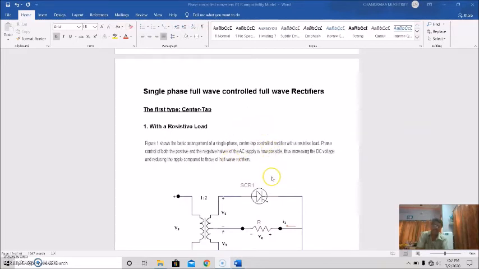We also discussed how the waveform changes in that case.